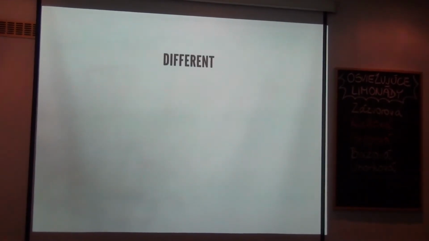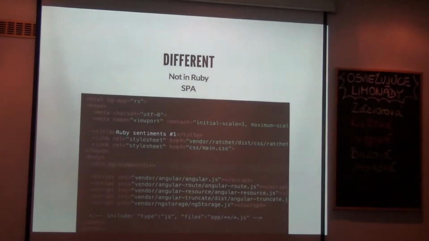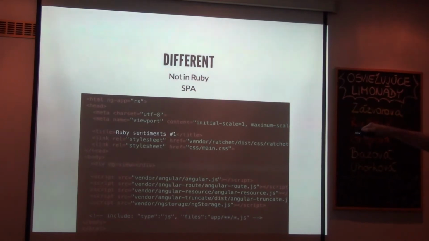So what's the difference? It's not in Ruby, obviously, because I don't program in Ruby. I'm a front-end developer. I program in JavaScript. So it's not in Ruby, and it's an SPA, single-page application. What you get from the server in my implementation is this HTML document, where there is only one empty div and tons of JavaScript.